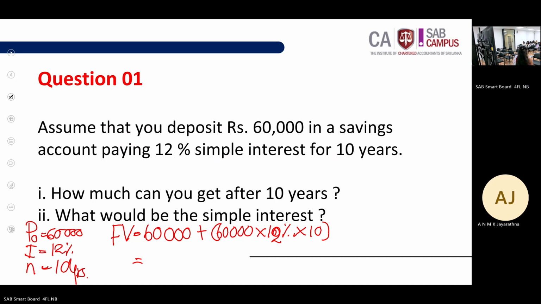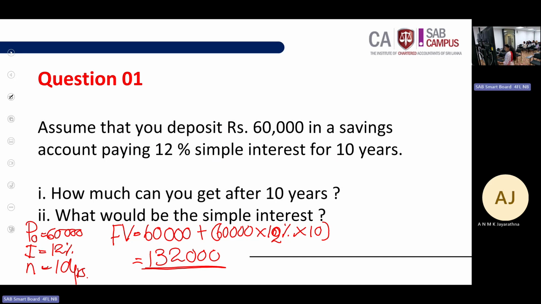100... How much can you get after 10 years? 132,000. What is the simple interest then? 72,000.